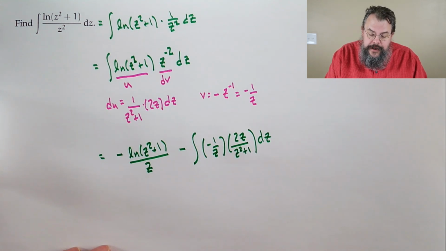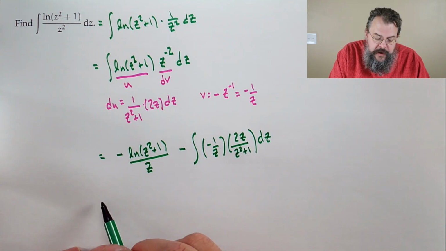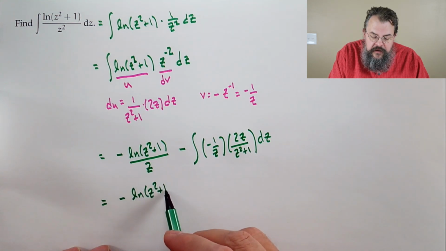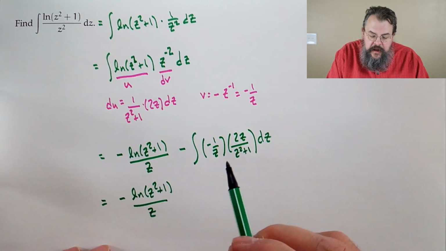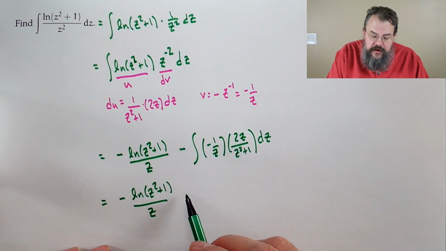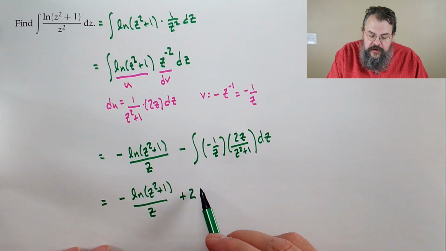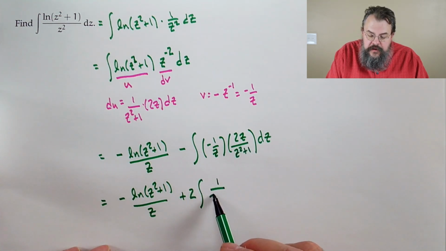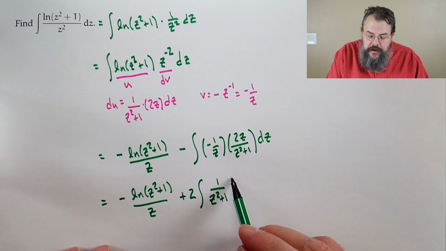Well, look, we can do some things to simplify. So minus log z squared plus 1 divided by z. Minus makes a plus. 2 we can pull out. So we can write this as a plus 2. The z's cancel, and we get 1 over z squared plus 1.